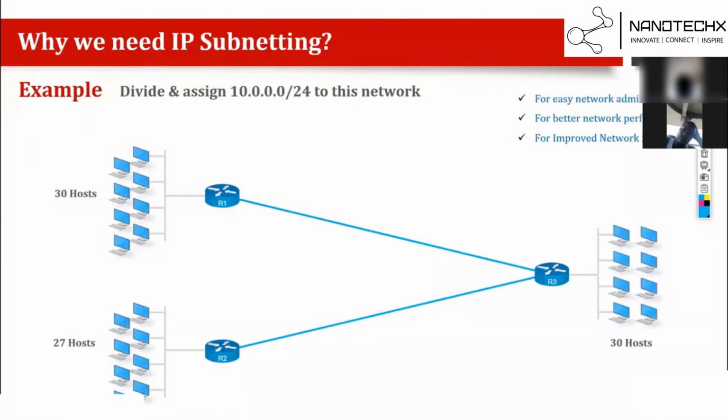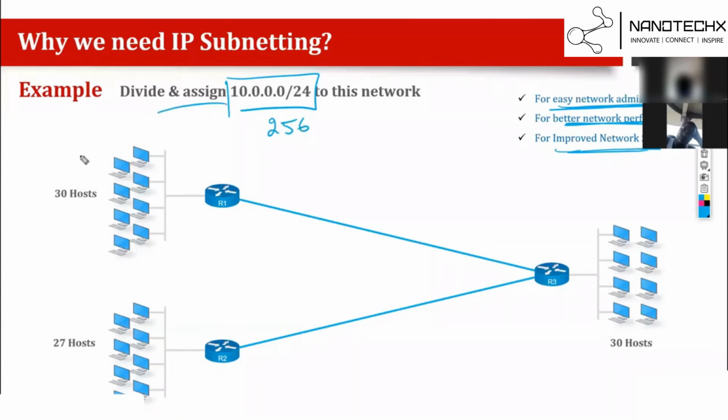Okay, so why do we need subnetting at all? We need subnetting for easy network administration, for better network performance, and for improved network security. For example, if we have this large network which gives us 256 hosts, we already studied and we know now how to calculate this.